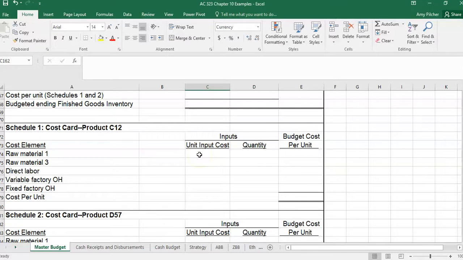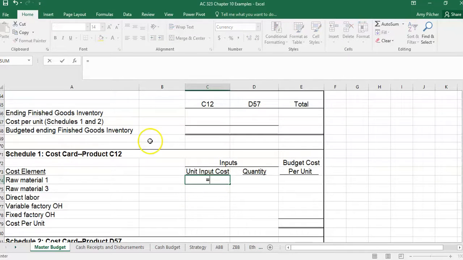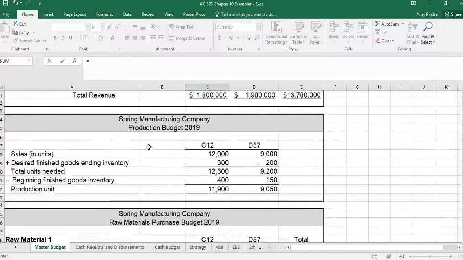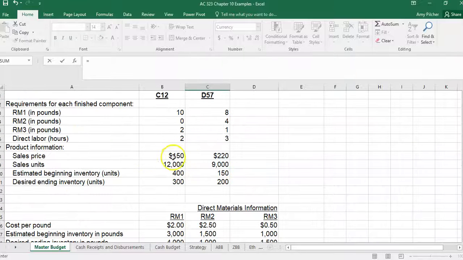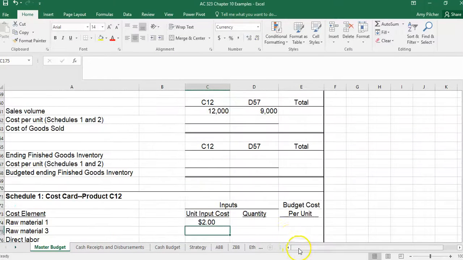So we take our cost information, so how much does raw material 1 cost? $2, and we need 10 pounds.